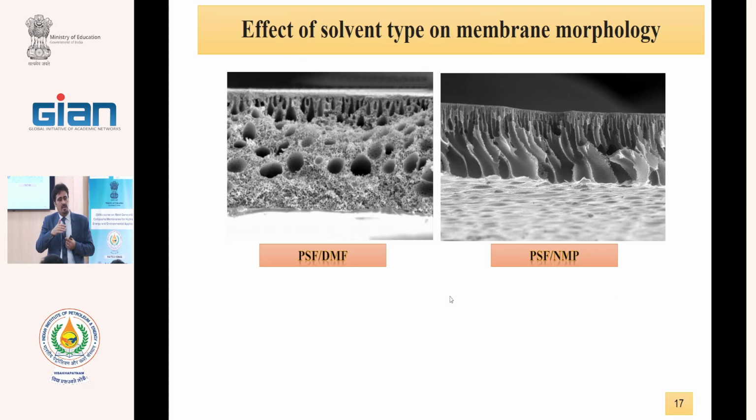Therefore, we use a water-soluble protective layer on the surface of RO membranes, for example, polyvinyl alcohol. When we test the modules, the polyvinyl alcohol dissolves in water, and after 2 or 3 days, this layer is completely removed. Therefore, sealing is very important in membranes.